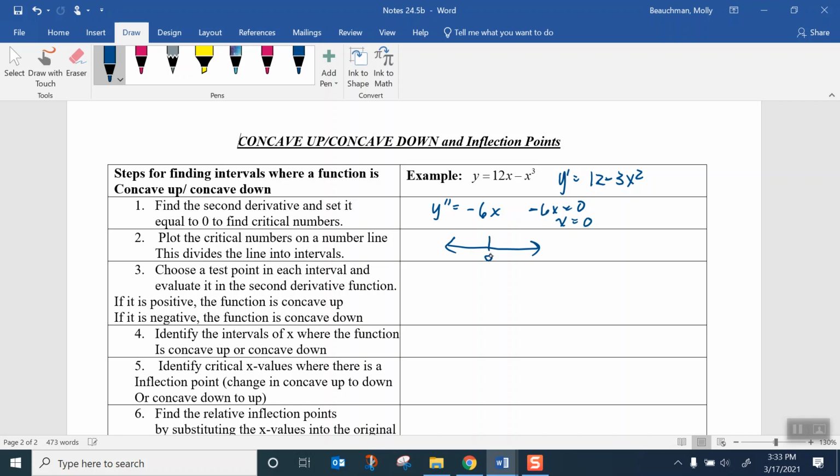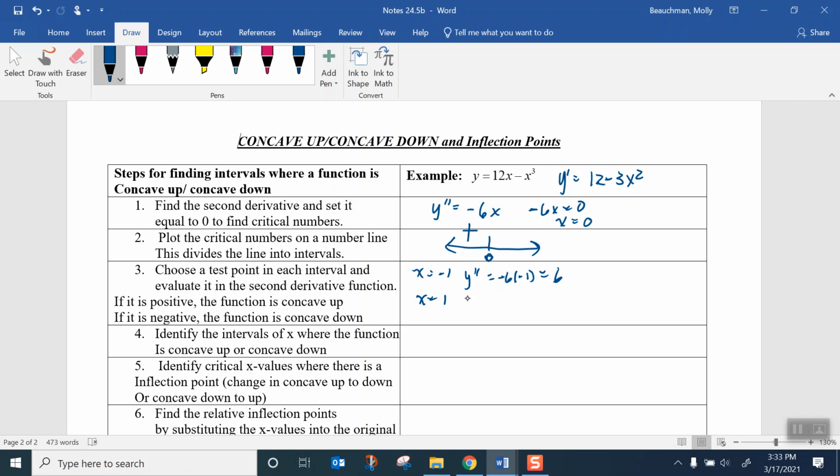So now we graph 0 on the number line. We want to test points to the left of 0 and to the right of 0 in the second derivative. If we put in a negative, we get a positive 6. That's positive, so that tells me my graph is concave up.